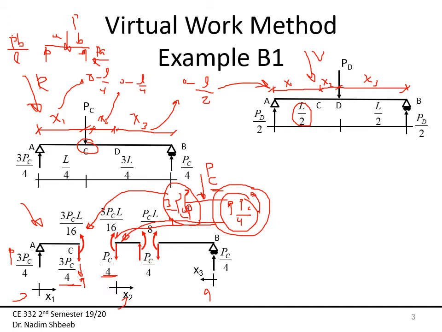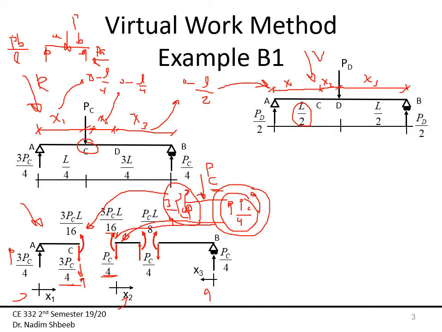So that's why these two are in the same direction but with different values. So then when I move to X2, now this is my PC over 4, and now this is the moment 3PC L over 16. Again, if you take the moment at L over 4, you're going to get PCL over 8.